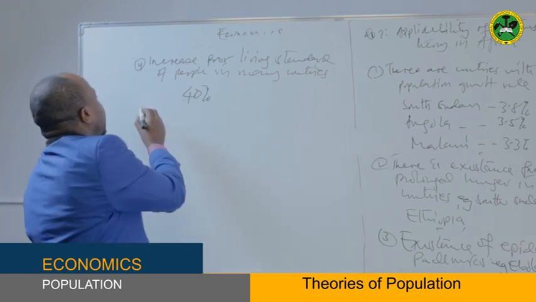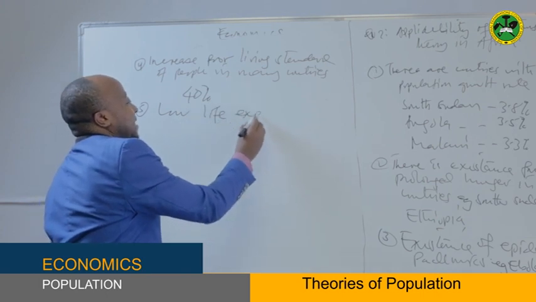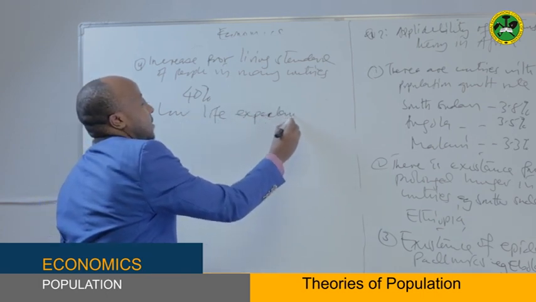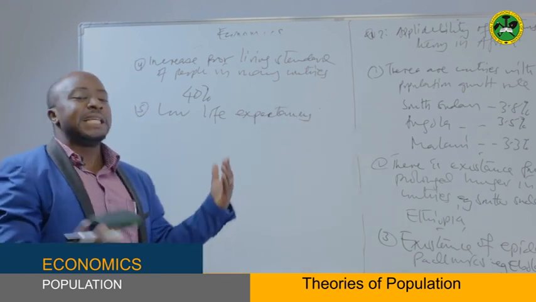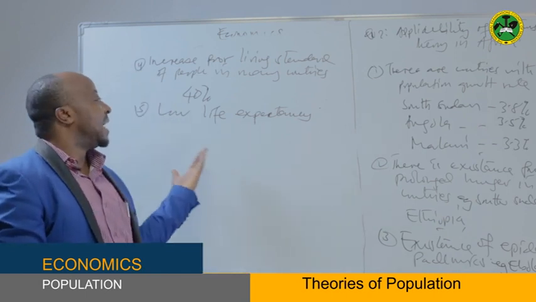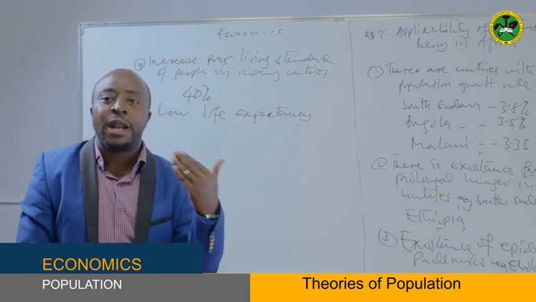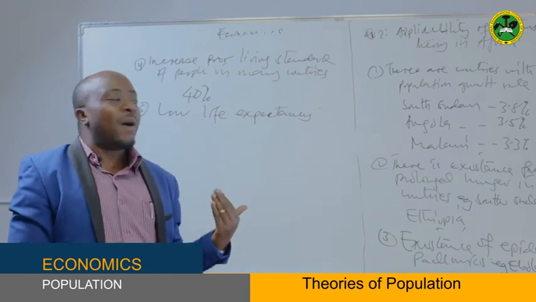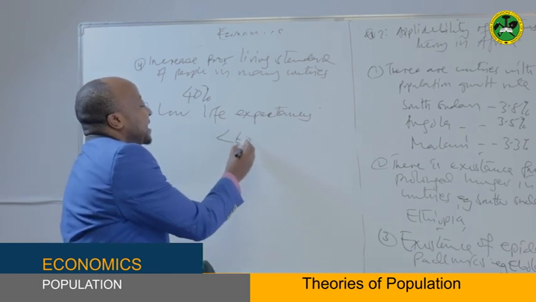We have the other one, low life expectancy, where in Africa again, life expectancy is very low. Life expectancy, we recall from the class, is the number of years an individual is expected to live before death. Now, the life expectancy of Africa is less than 60 years.